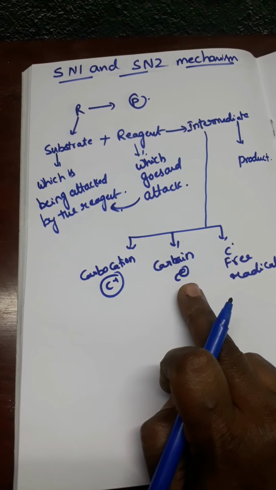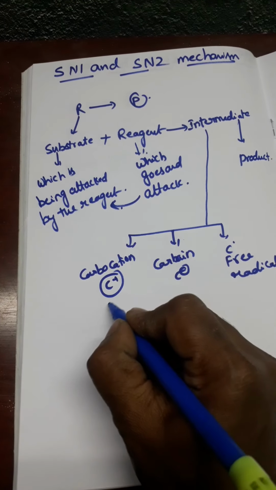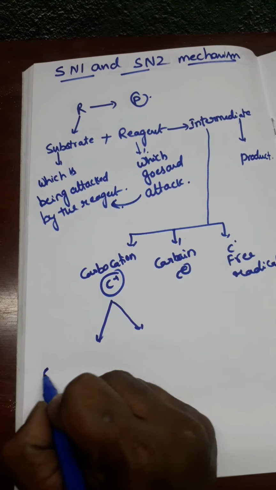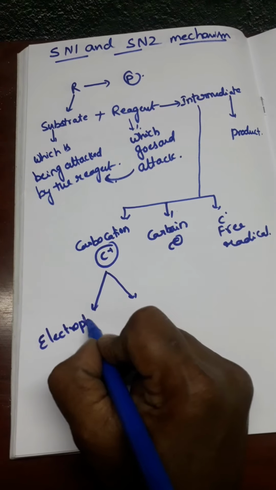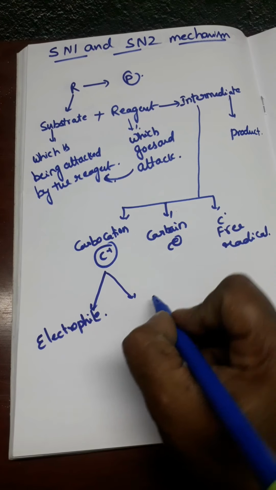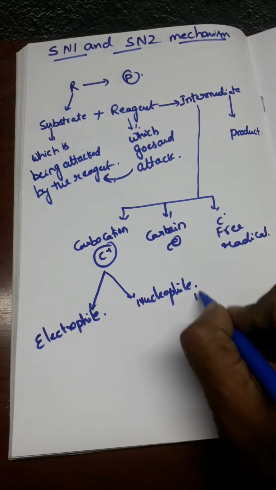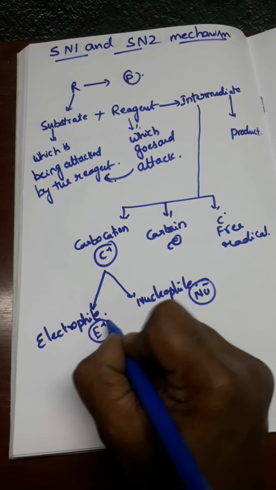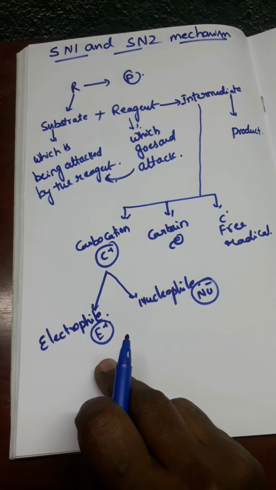Again, the reagents are of two types, that is the electrophile and nucleophile. This is E plus. Here what is an electrophile? These are electron deficient species.